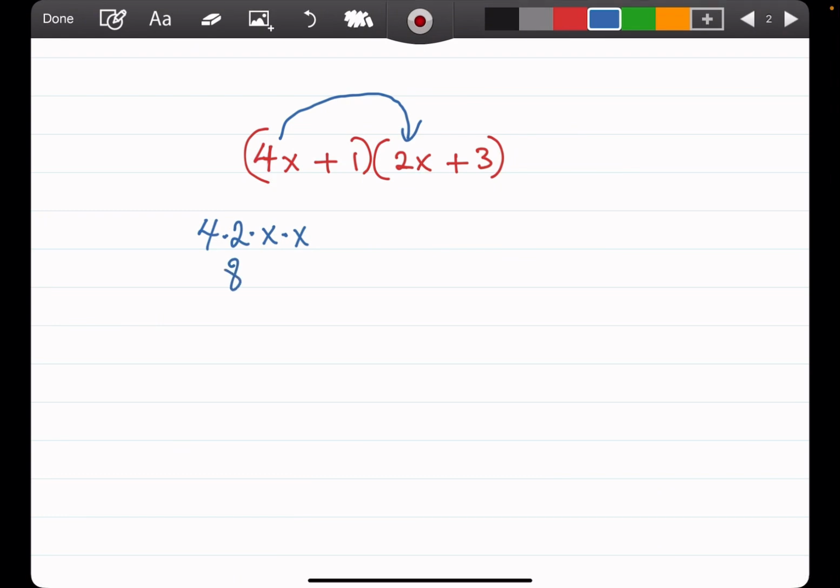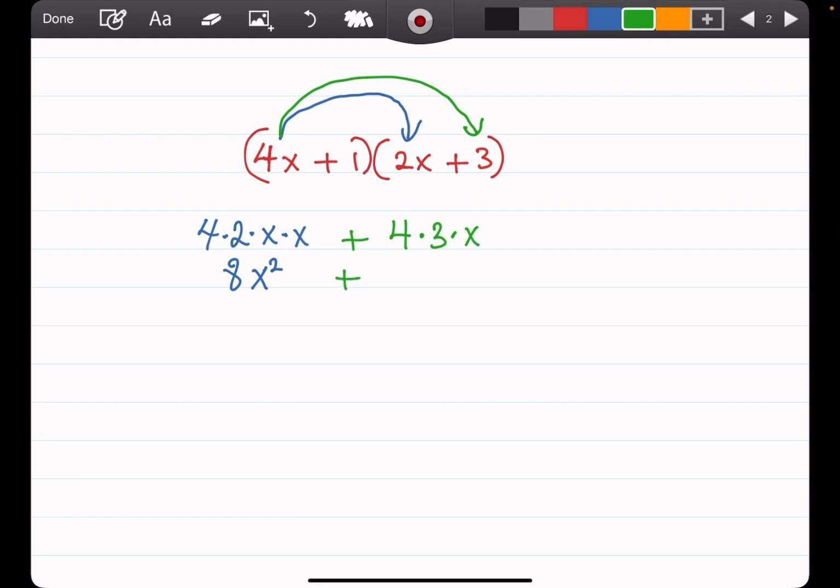And then with the x's, you put an x and a square right there. Awesome. All right. The next one, the outside, which would be 4 times 3 times x, right?